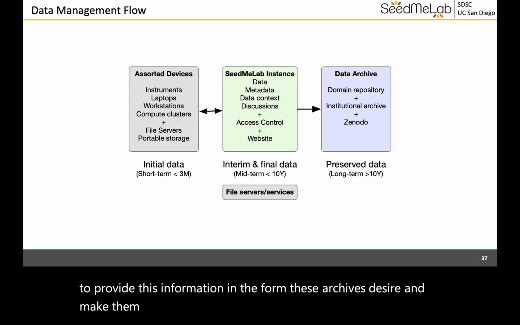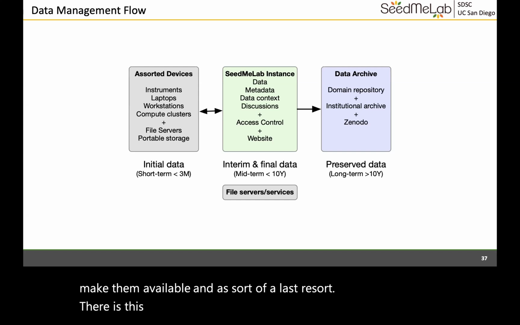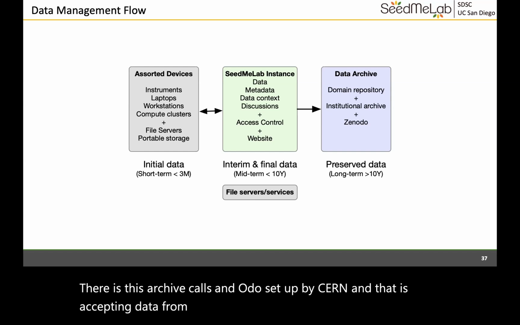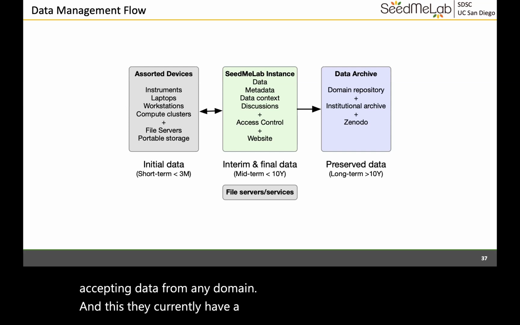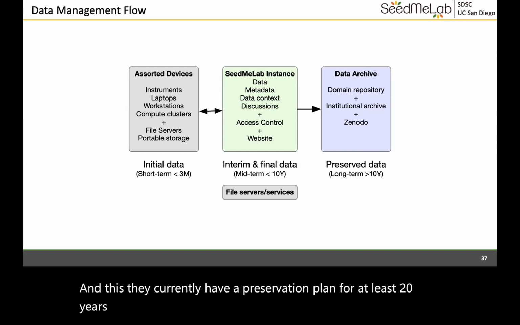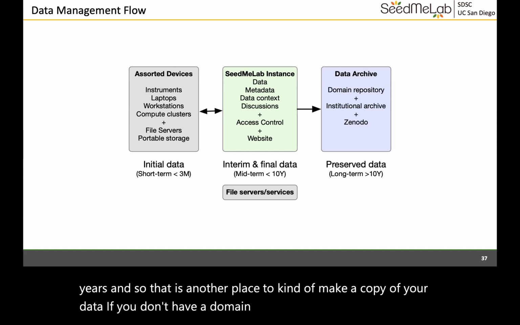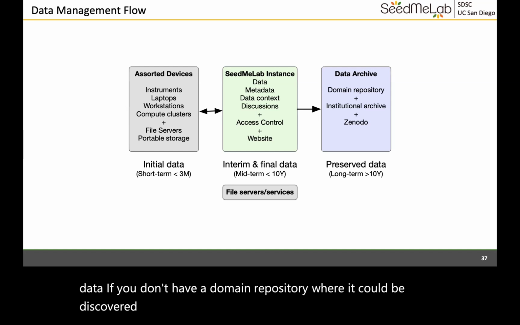And as a last resort, there is an archive called Zenodo, set up by CERN, that accepts data from any domain. They currently have a preservation plan for at least 20 years. So that is another place to make a copy of your data, where it could be discovered by others.